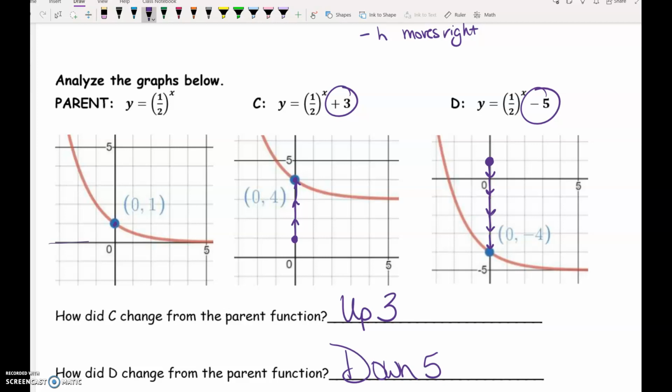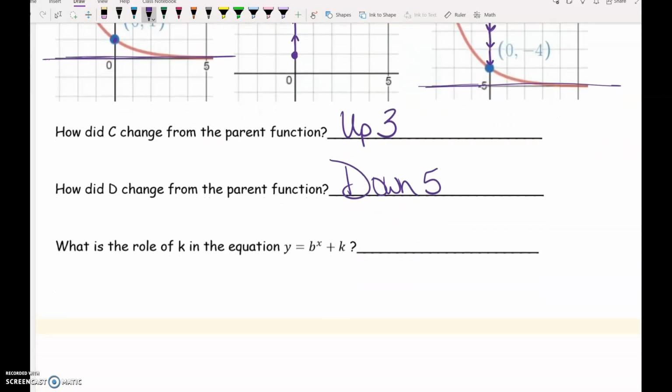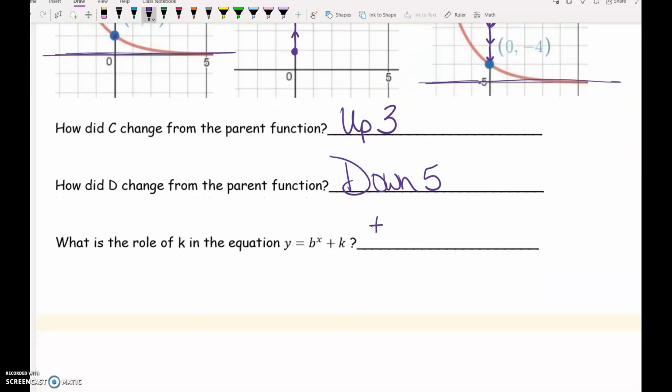But this graph gets closer and closer to the x-axis. That's the asymptote. Here, that asymptote is at 3 because the graph has been moved up 3. And on D, the asymptote is down at -5 because the graph has been moved down 5. So that plus k moves the graph up, minus k moves the graph down.